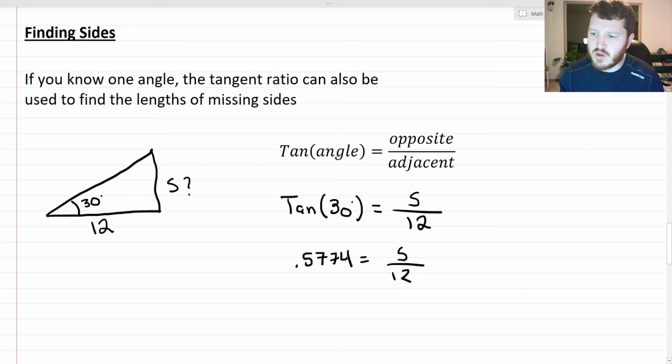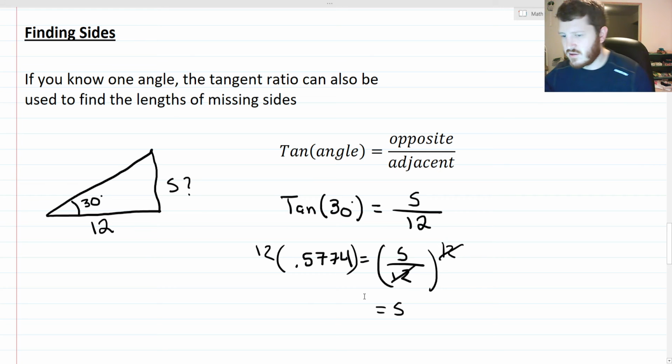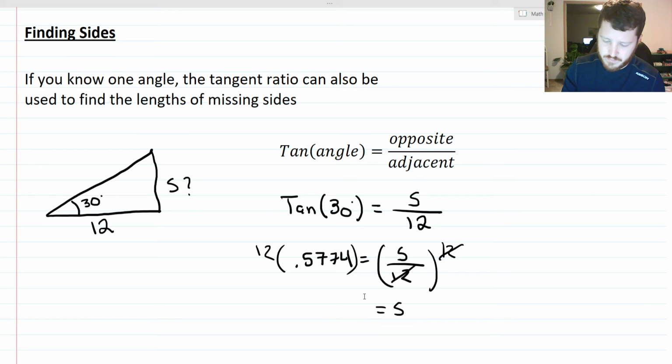So we need to determine what value of S will give us the right ratio, or we need to think about solving this triangle. Multiply both sides by 12. S divided by 12 multiplied by 12 goes away. So S is equal to 12 times decimal .5774. I use my calculator, which is about 6.9.